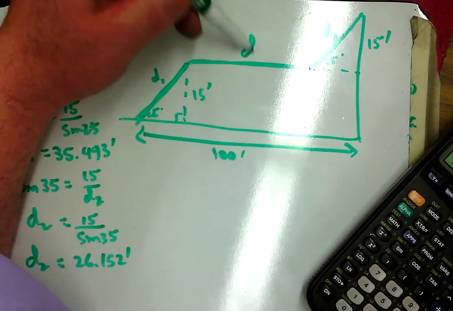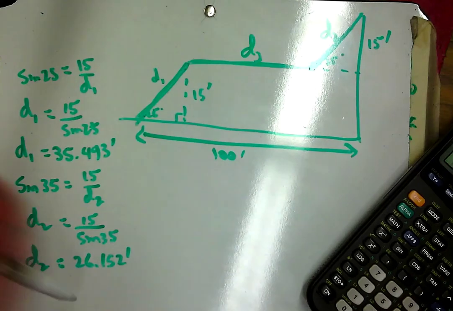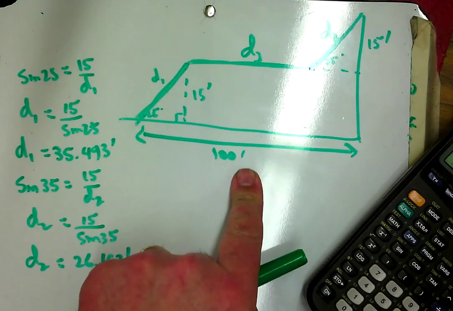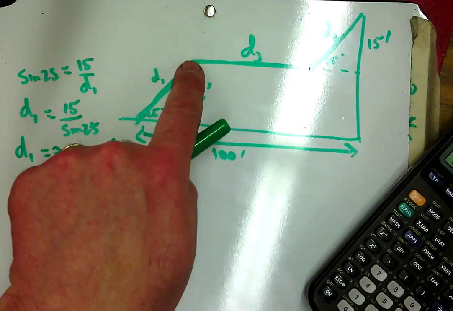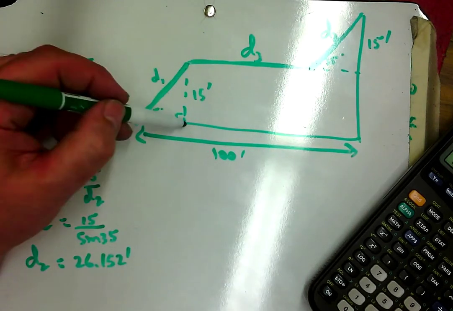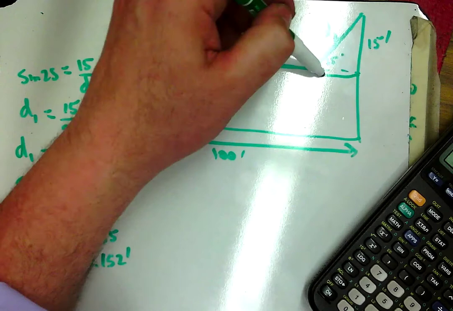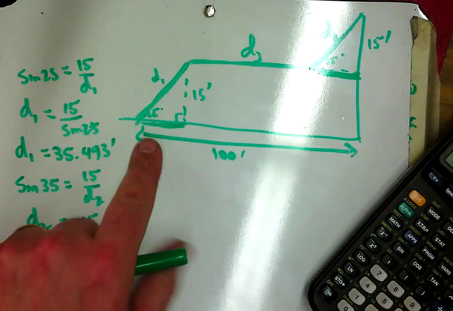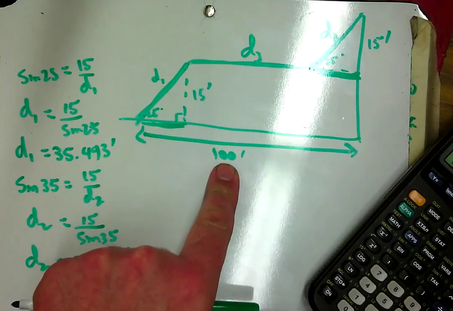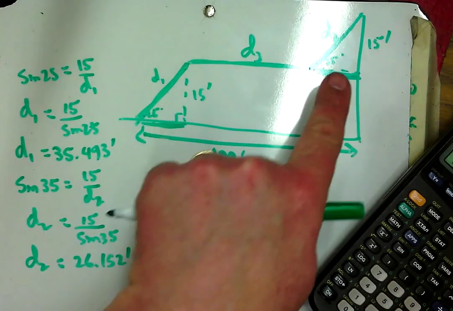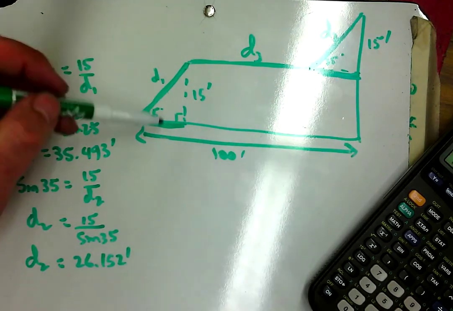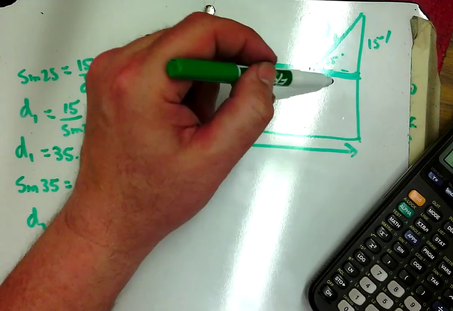I still need to find D3. D3 is not 100. 100 is from here to here. D3 goes from here to here. See this distance here and this distance here? Well, they need to be subtracted from 100 to get D3. So I've got to find this distance, and I've got to find this distance. Let's call them D4 and D5.